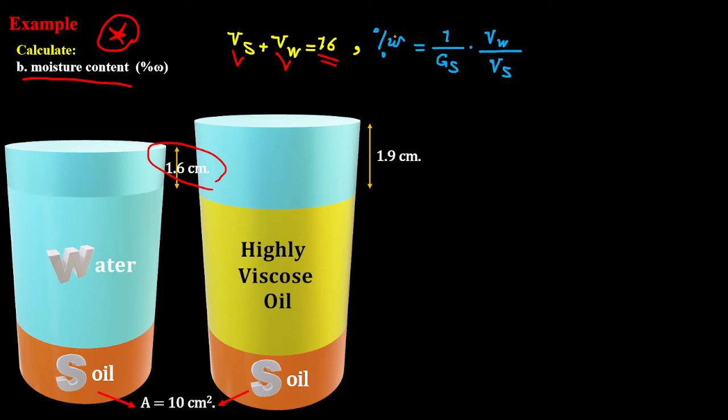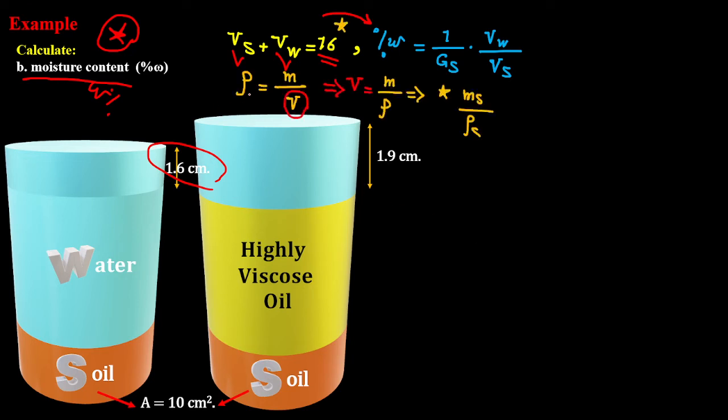If we rewrite the moisture content, we are looking for moisture content based on volume: 1 over GS times volume of water over volume of soil. At the same time, we know density rho is mass over volume, so if we rearrange the equation, volume is equal to mass over density.